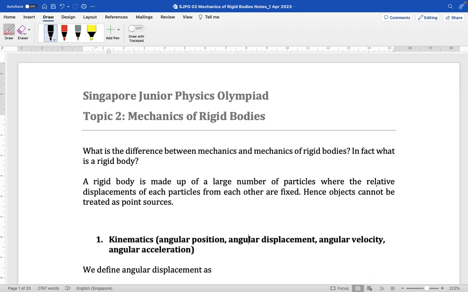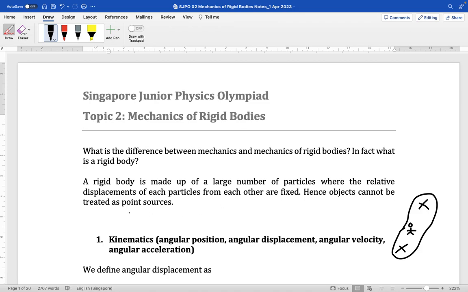For example, if this is a rigid body, there's a heavy distribution of masses here and another distribution of masses here. And so if you were a person on this section, you will feel the effect of the two forces arising from the two different centers of gravity.